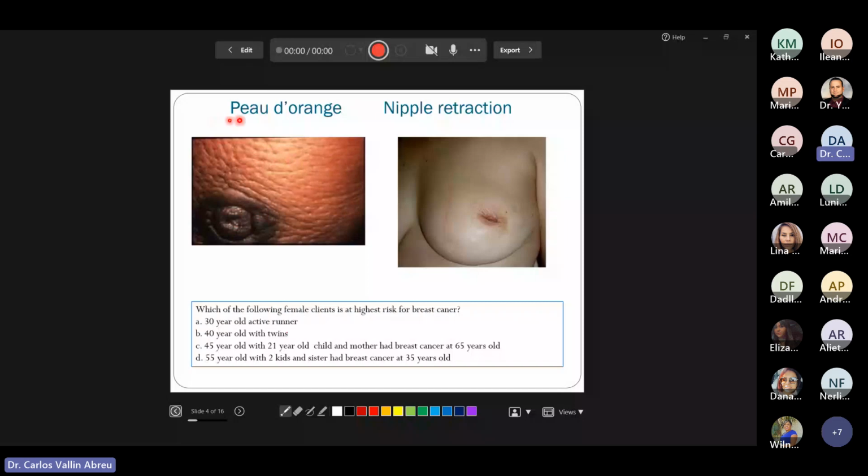It's called peau d'orange, a skin of orange. This is lymphatic infiltration of the whole breast, the most advanced form of cancer. Cancer frequently produces a new onset retraction of the nipple and dimpling in the skin.